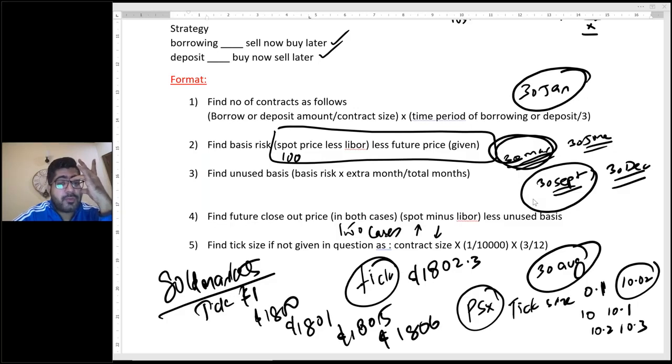Ali Akbar, if you have to borrow on 30th Jan, you need a 30th Jan contract, but 30th Jan contract is not available. It's 30th March, 30th June, 30th September, 30th December. So you will be taking the very next one, 30th March. That means 2 extra months. As per tick formula is also given in step 5.